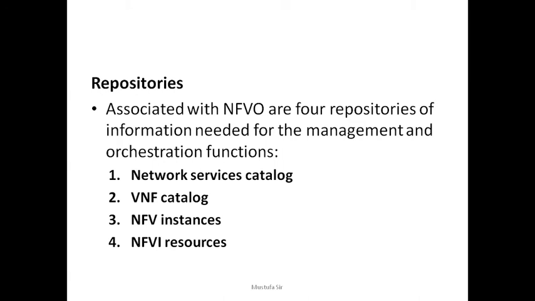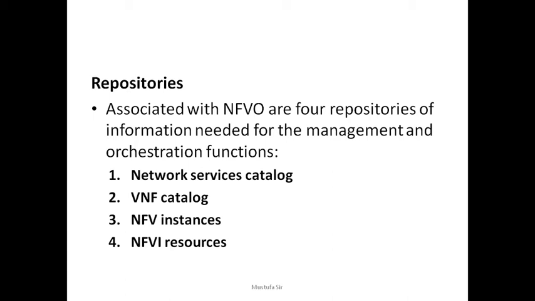One is the network service catalog, which has the list of all the usable network services. Second is the VNF catalog, the database of all usable VNF descriptors. A VNF descriptor describes the VNFs, so if you want to see how many VNFs you have, with their descriptions, you can go to the VNF catalog.